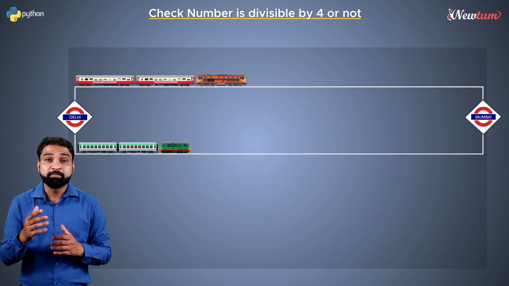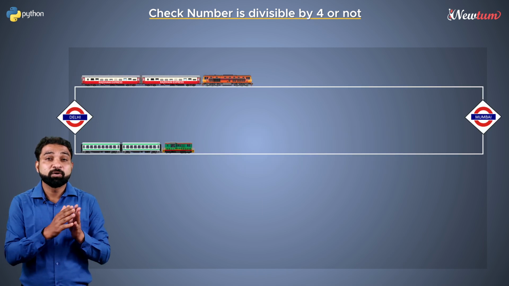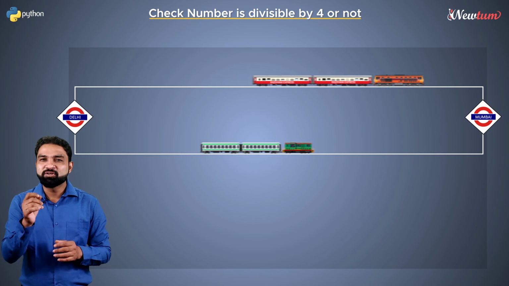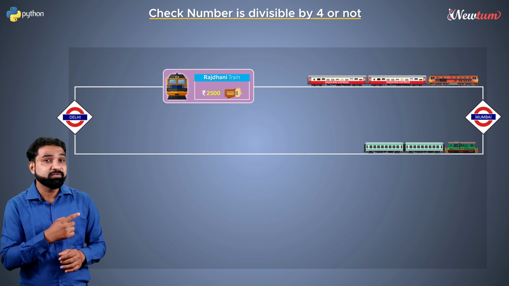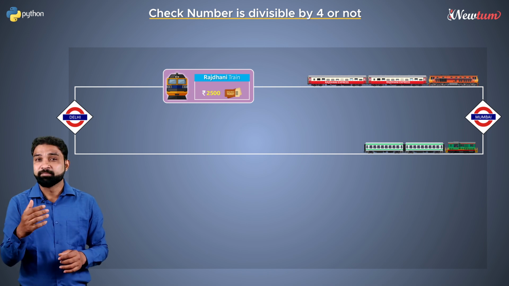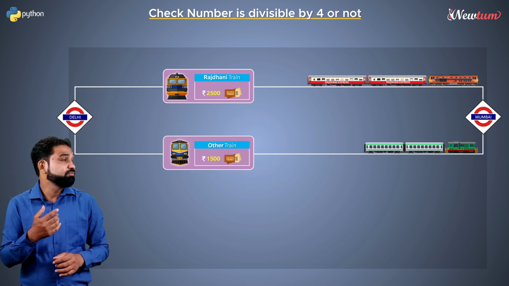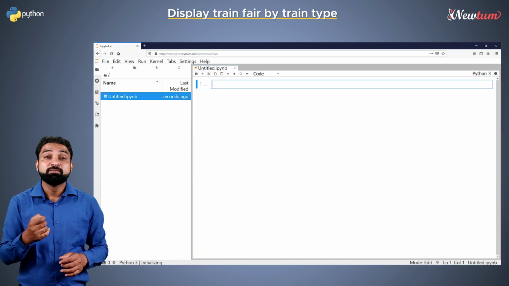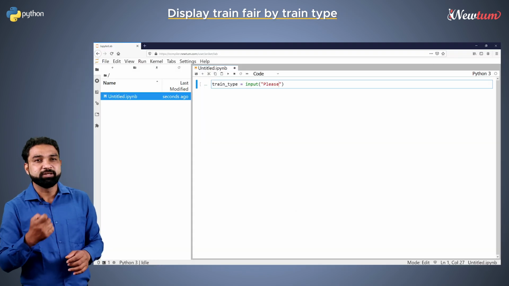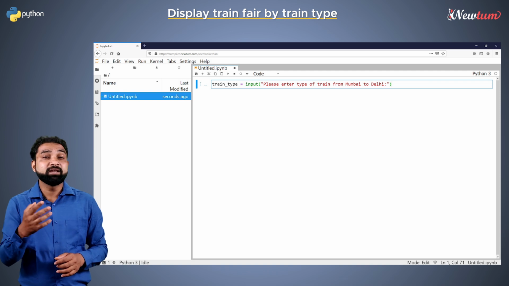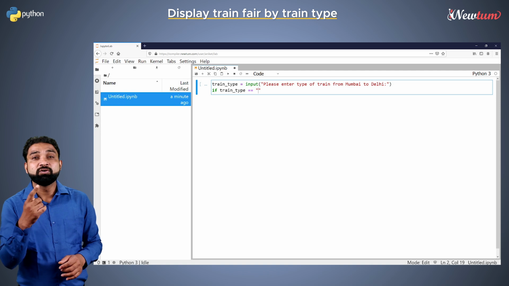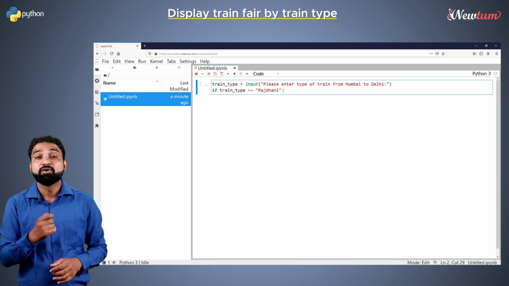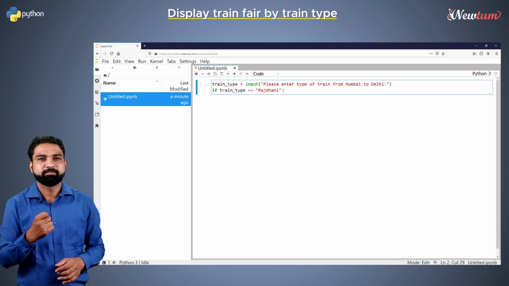We will write a program that gives us the correct fare from Delhi to Mumbai based on the train type. Here, the train ticket is rupees 2500 if the train is Rajdhani. Otherwise, the ticket is rupees 1500. So, we will accept the train type as input. We will then write an if statement with the condition train type equal to Rajdhani like this, followed by a colon.